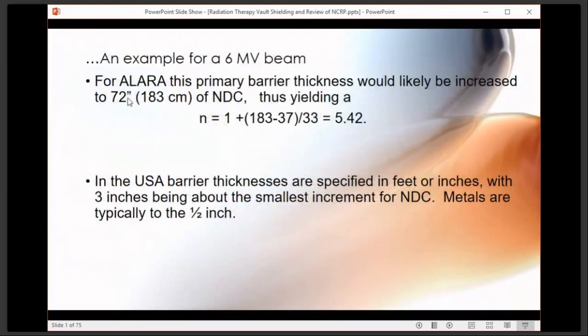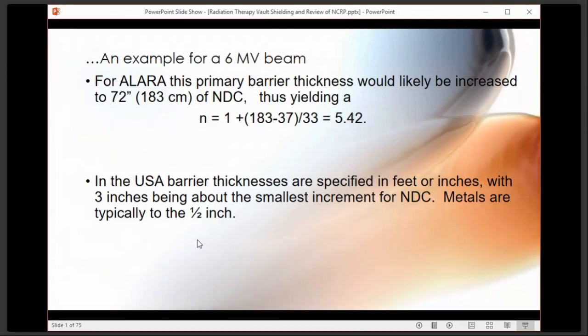And for ALARA, we would then round that up to 72, which really means 183 centimeters, and we go back and recalculate how many TVLs we get out of that, and it's slightly up to 5.42. And that's what we would specify as how many TVLs we need.